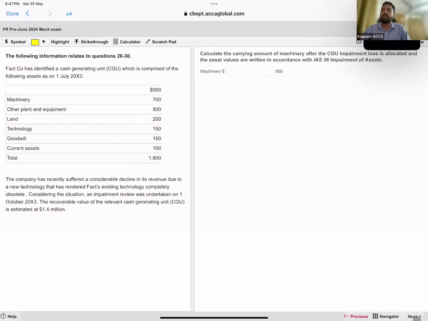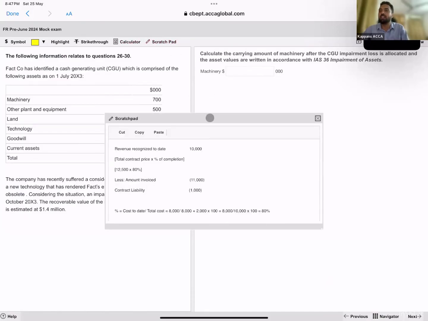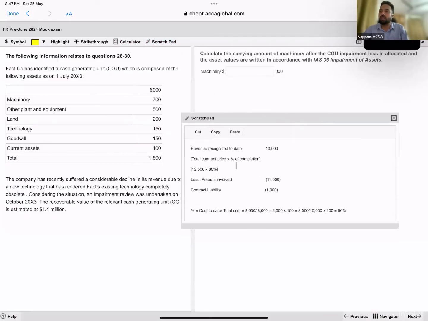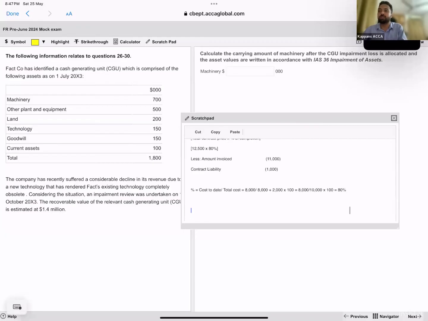Next, calculate the carrying amount of machinery after the cash generating unit impairment loss is allocated and the assets values are written down in accordance with IAS 36 impairment of asset, machine in dollar thousands. So opening the Scratchpad to show the calculations.